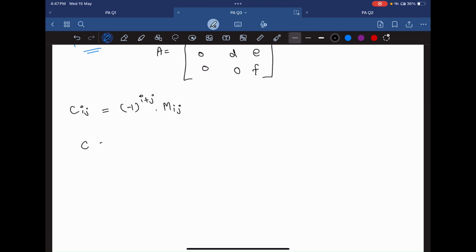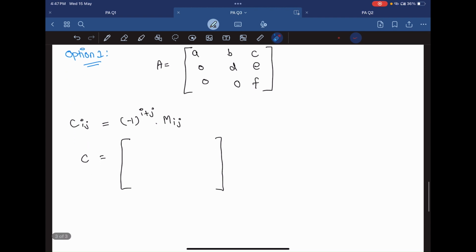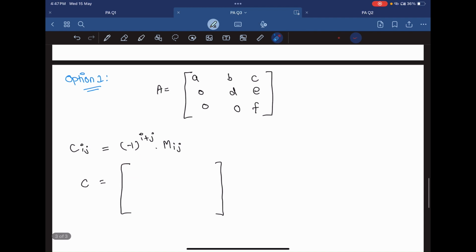So, for example, if we are finding the cofactor matrix entry at the 1 1th entry, that is first row first column here, then we will eliminate this row and column. We'll get a submatrix. We'll find its determinant.